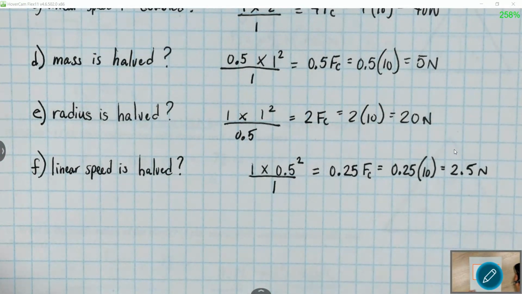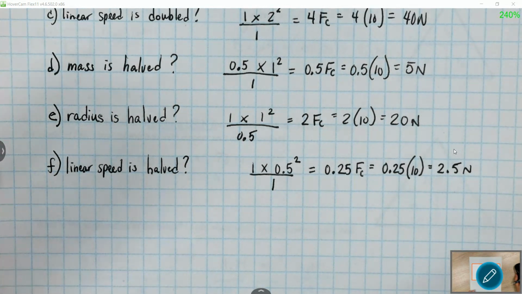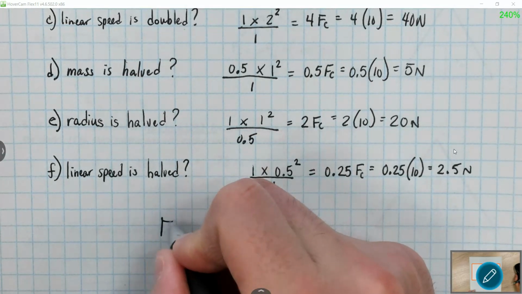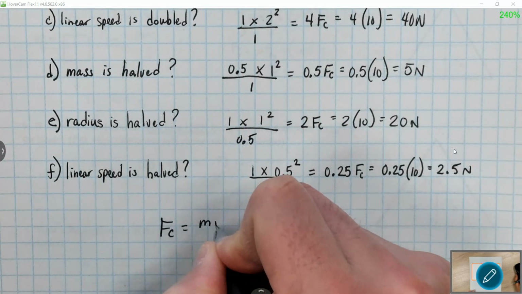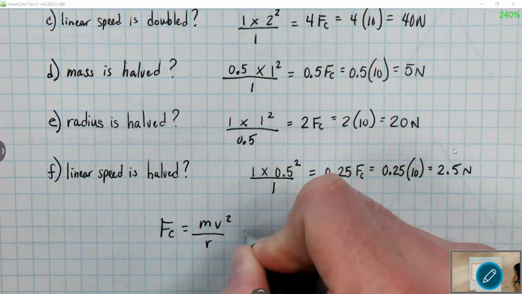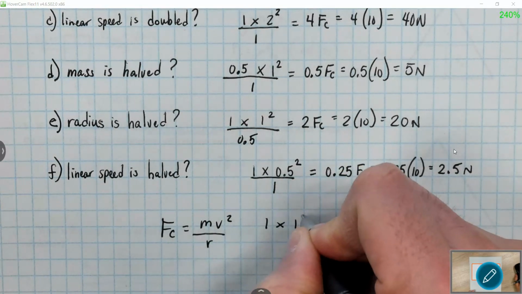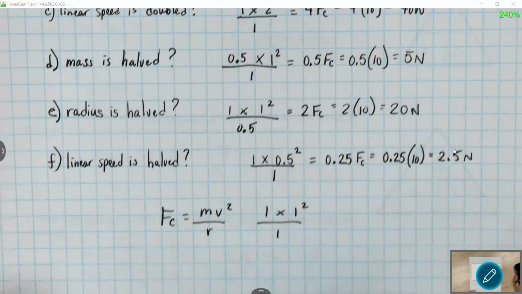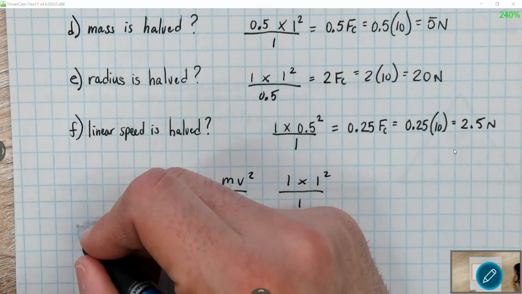All right, now I just got one more question. This one is not necessarily going to be on the next assignment, but you may see this on a quiz. All right, so we have mass, speed, radius.